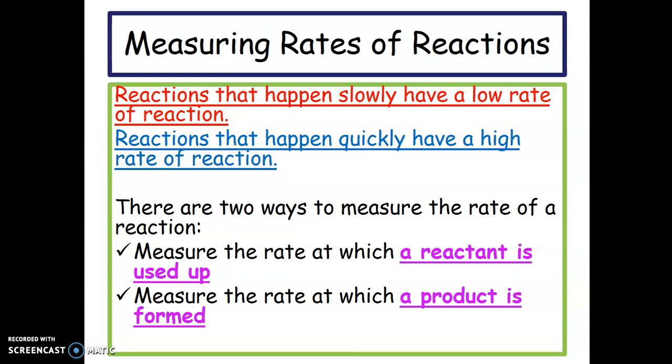So if you were watching a reaction, let's say you might have a metal and an acid, you could measure how quickly that piece of metal took to all be used up in the reaction and not be visible anymore. Or you can measure the rate at which a product is formed. So again, if you were reacting a metal with an acid, you could measure how quickly hydrogen gas was produced, how quickly that product was formed. So there are two ways we can measure the rate of reaction.